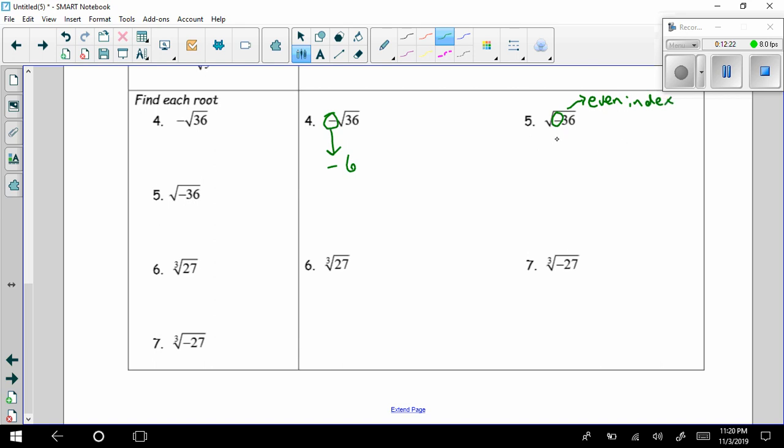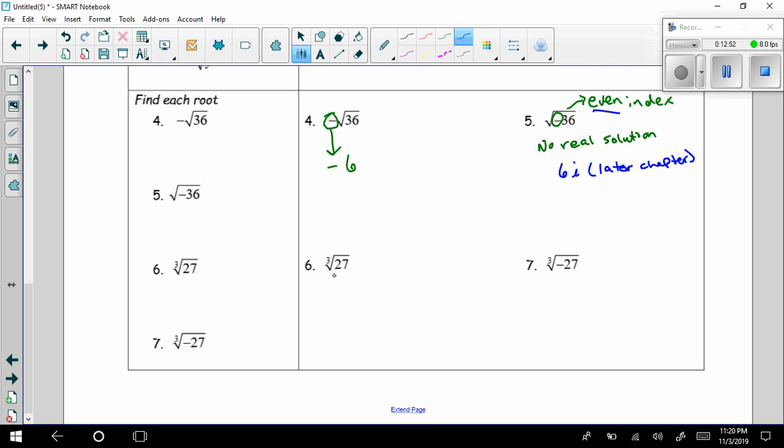And so the answer, right now you can put no real solution. However, if you want to get in the habit of saying, okay, well, the square root of 36 is 6, so that makes this 6i. We'll be covering this unit, but in a later chapter. So you might just practice, anytime you have an even negative, tacking that i on there.